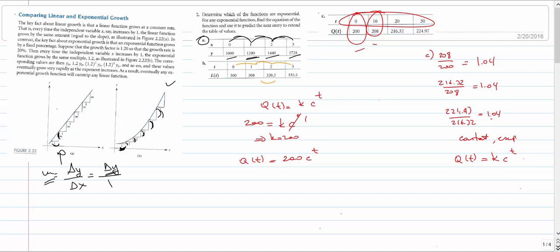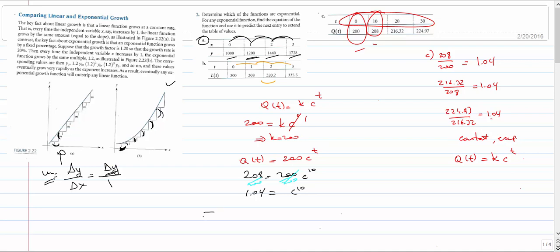Next, I'm going to use the values 10 and 208. So q is 208, equals 200 c to the power 10. From here, if I divide both sides by 200, this is a 1. So divide 208 by 200, 1.04. We kind of knew that.